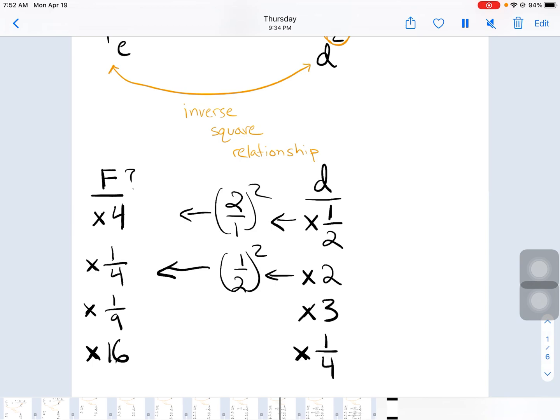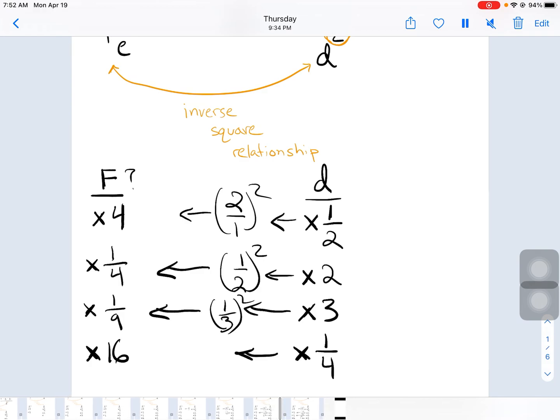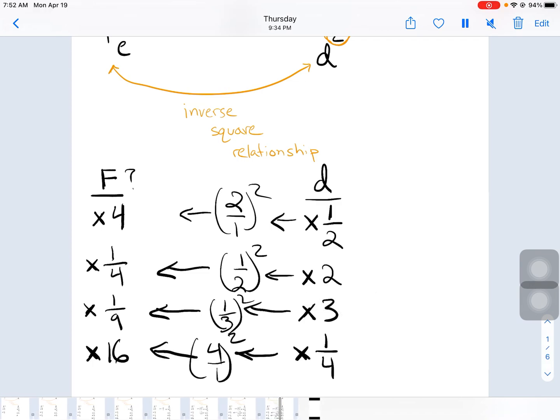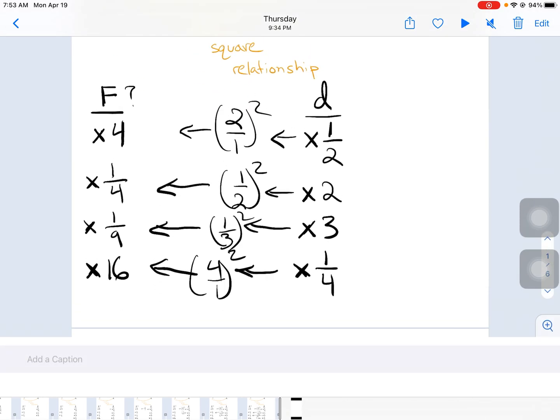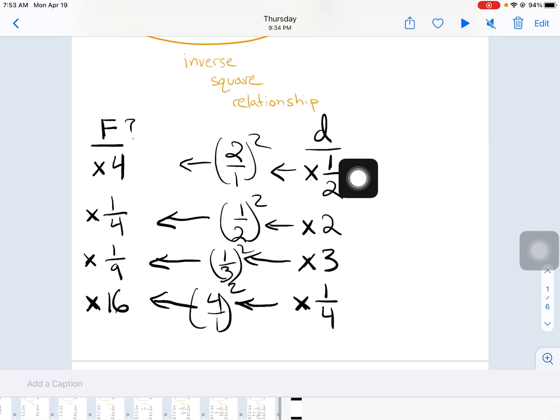Square that, you get 1/4. 3, inverse it, 1/3. Square that, 1/9. This is a pattern here, you guys. 1/4, flip it. Inversing it is like the reciprocal, and then square it, and you get times 16. So that is the inverse square relationship. If you halve the distance, you will quadruple the force.